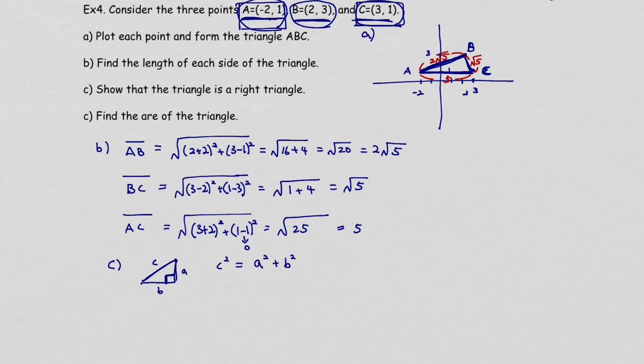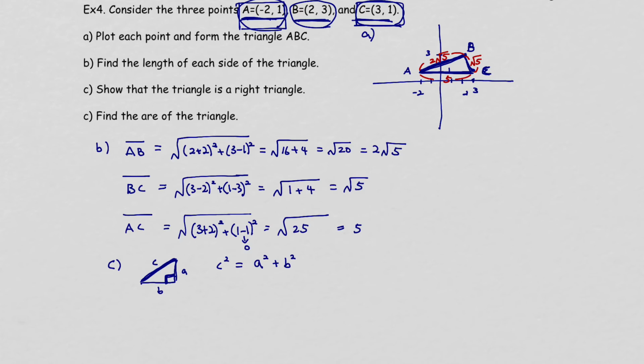This is the Pythagorean theorem, right? When you have a right triangle, the longest length, which is the hypotenuse, squared should equal the addition of the 2 sides squared, right? So that's the formula we already know from the Pythagorean theorem.